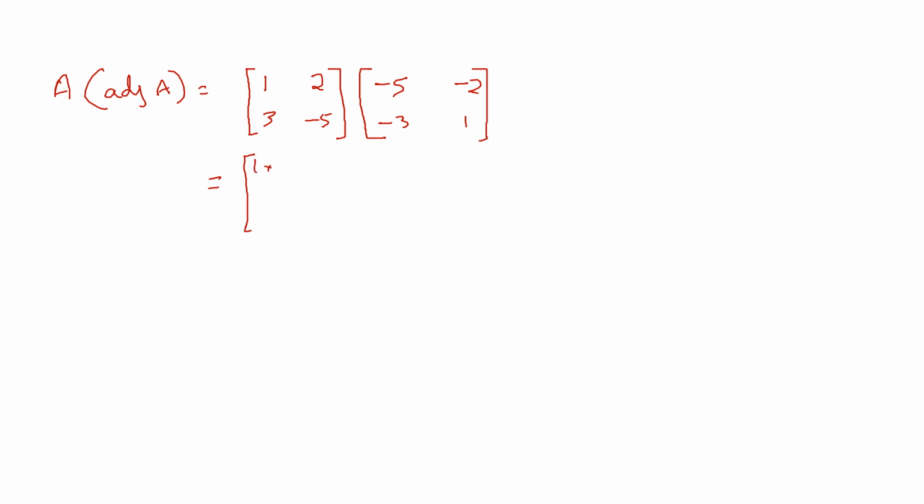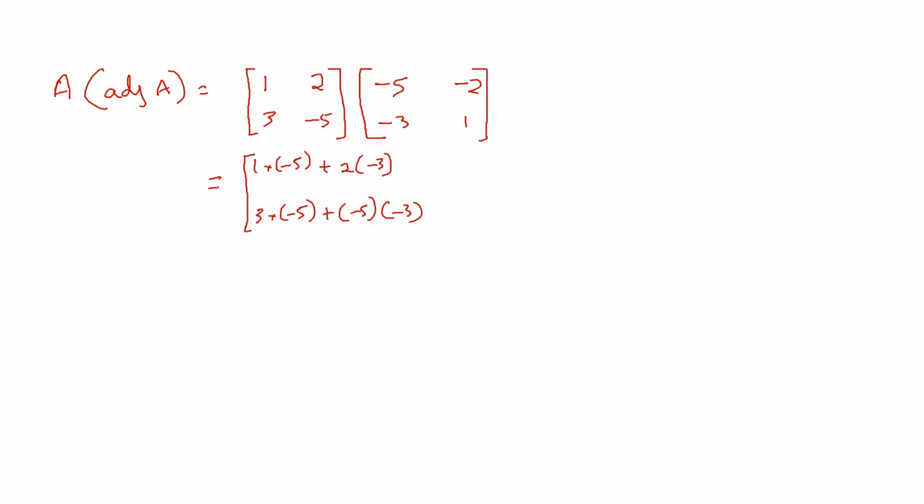That is 1 into minus 5 plus 2 into minus 3. You know multiplication, right? Then 3 into minus 5 plus minus 5 into minus 3.